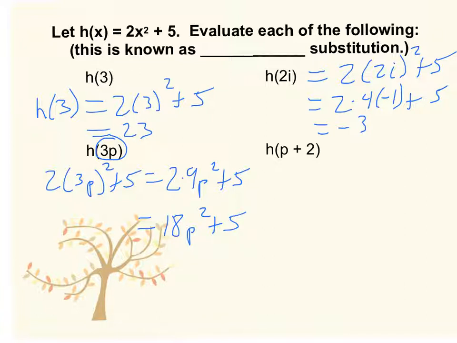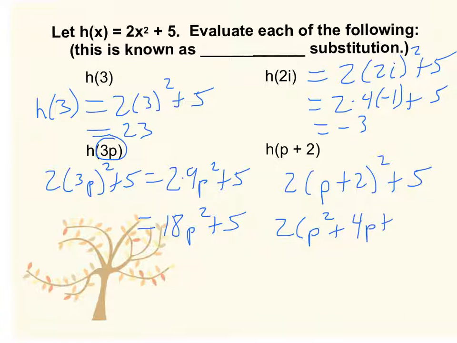We could also substitute an expression like p plus 2. For example, we could have 2 times p plus 2 squared plus 5. That would really involve a bunch of foiling. This would end up being p squared plus 4p plus 4 plus 5.